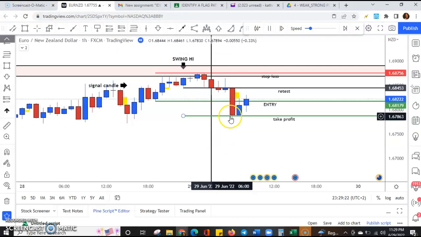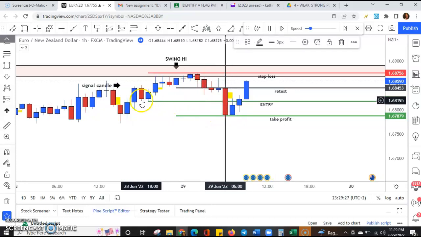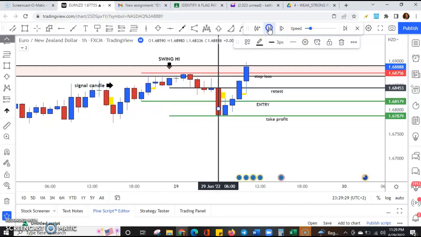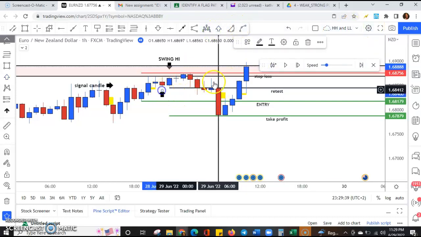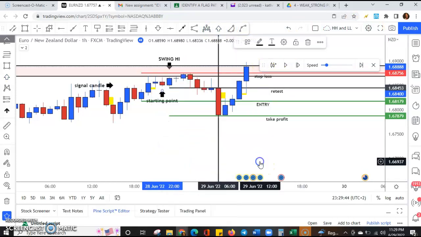So this would have been the breakout candle right here. It broke below this, so it's a little different. So it broke above this starting point right here. So let me go ahead and mark this up. This is the starting point that it had broke below.